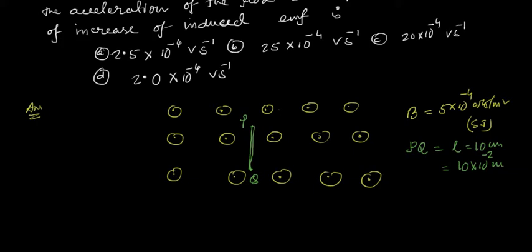Our conductor is moving in this direction with a velocity v, and v is not constant.